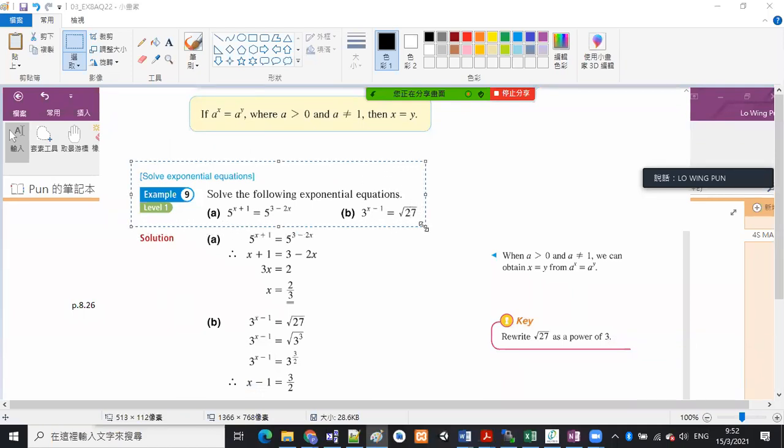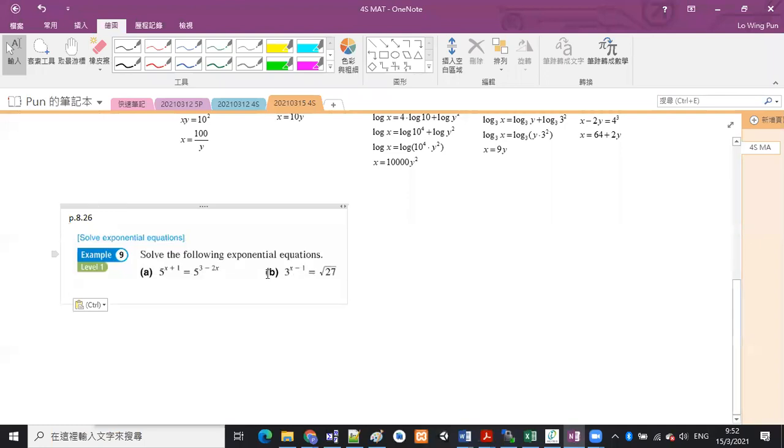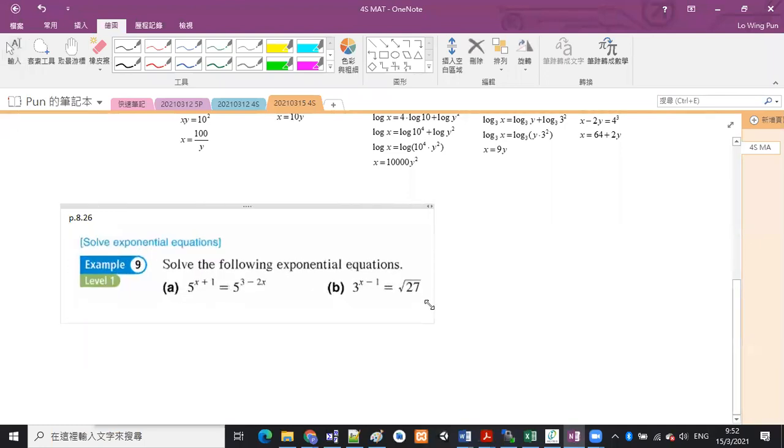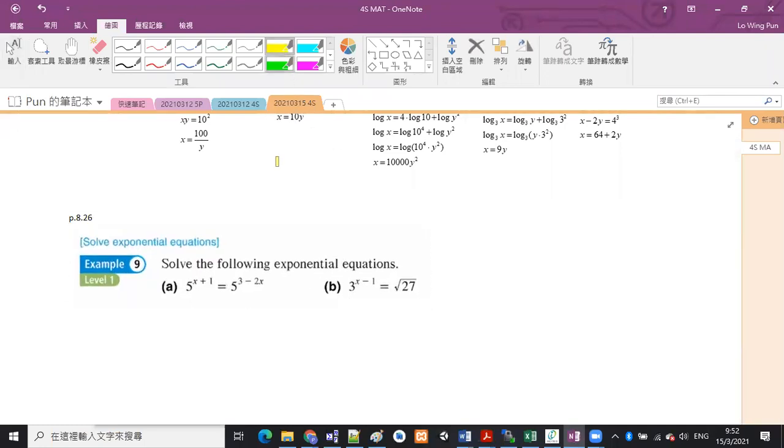to solve is that the x is in the index. If the x is in the index, we will call this type of equation the exponential equations.